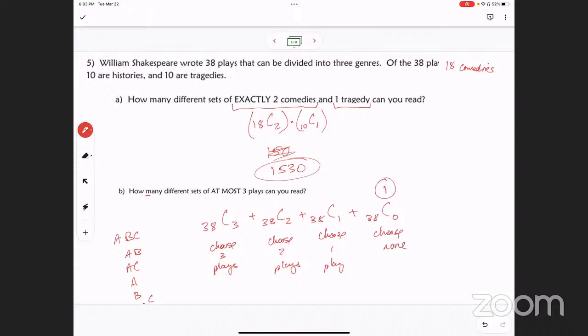You could just say, I'm not going to read any of them. Or you can say, I'm going to read one, and there's 38 ways to choose 1 play. And then how many ways can you choose 2? Hopefully that makes sense. Yeah, I think it does.